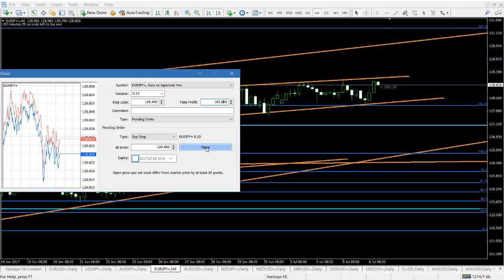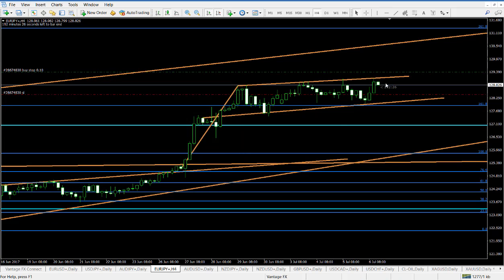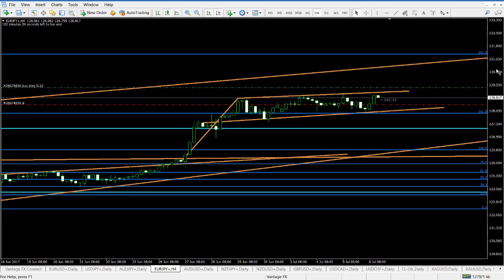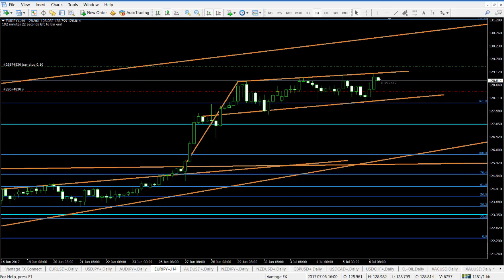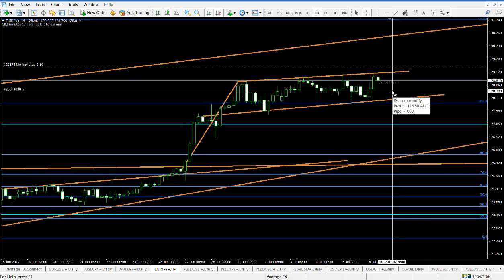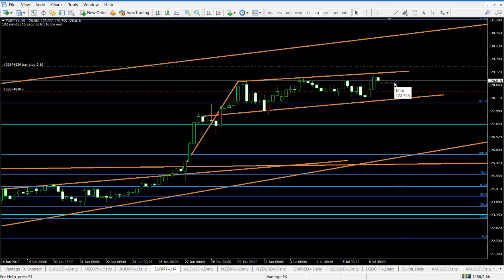That's what I do now. Okay, that's more than a reward to risk ratio of 1:1, but it's not 2:1, so it's not a good trade. But I just want to show you that you can do this.